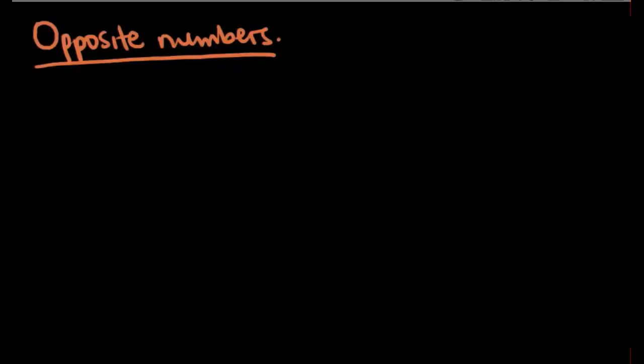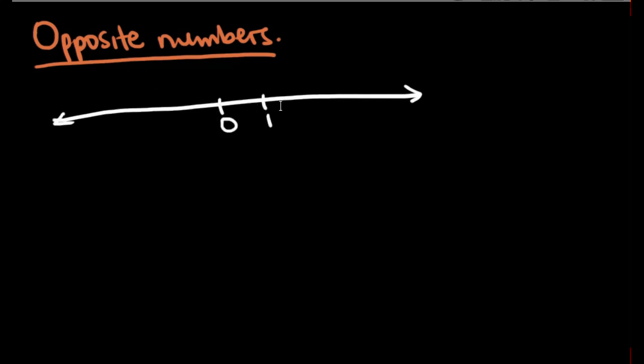Another thing you should know is the opposite numbers. So on the number line, if we have this as 0, we have 1, 2, 3, 4.